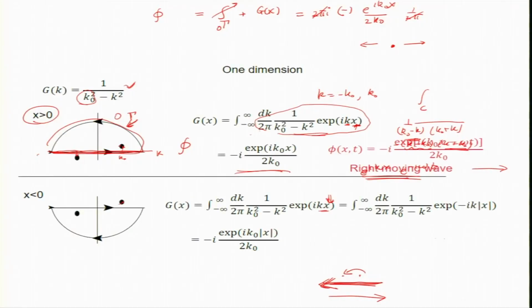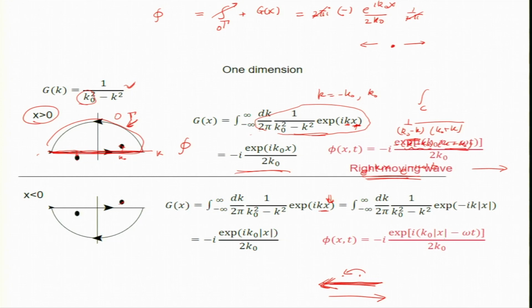Now, we chose like this for wave which is going out. Now, I want wave to come in, then what should I do? In fact, we just need to change the pole. This guy will go down and this guy will go up. Okay, this will do the trick.